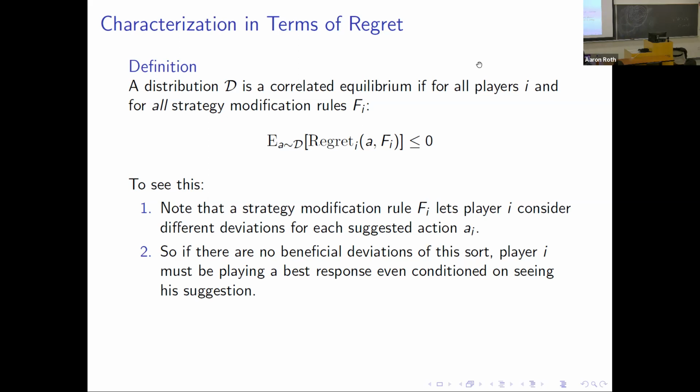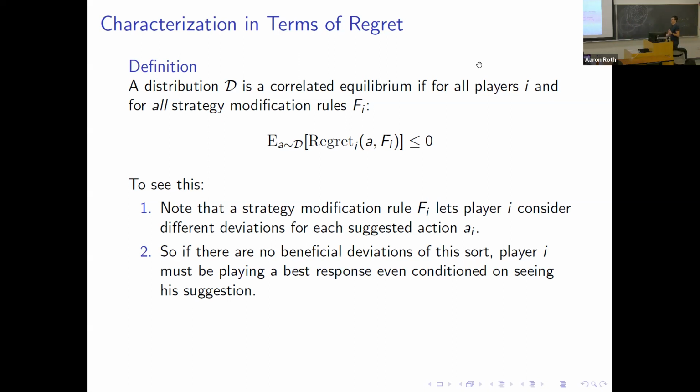And so in particular, if the strategy modification rule says every time you played action 5, you should have played action 3, that's not helping, that's making things worse, because the correlated equilibrium condition was that conditional on being told to play action 5, it really was a best response. Playing action 3 can't gain you anything. And if that's simultaneously true for every action, as it must be if you have no regret to any strategy modification rule, then you're at a correlated equilibrium.